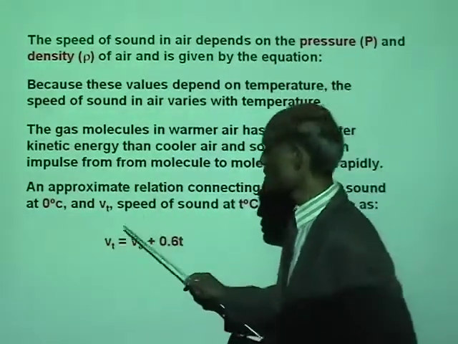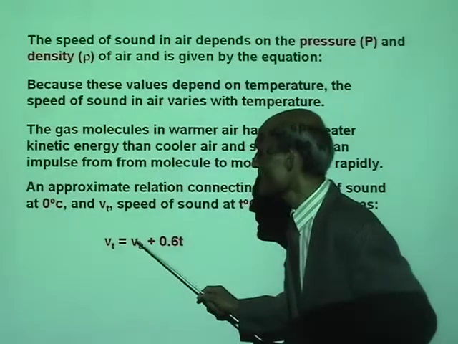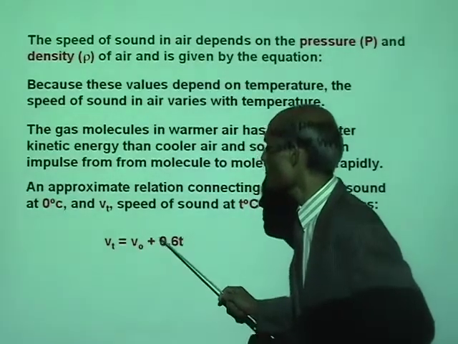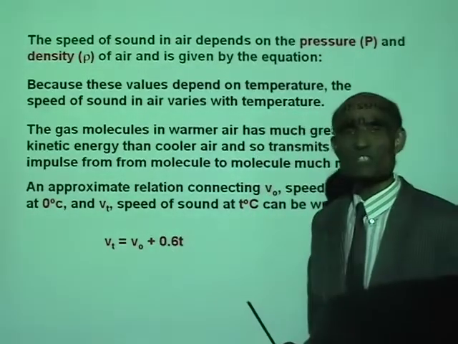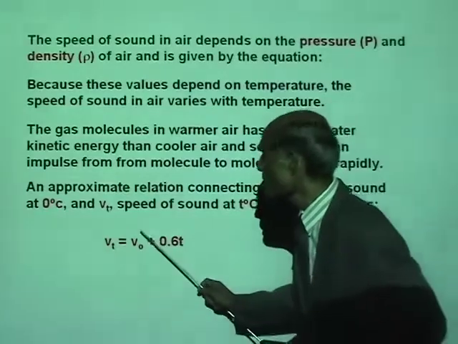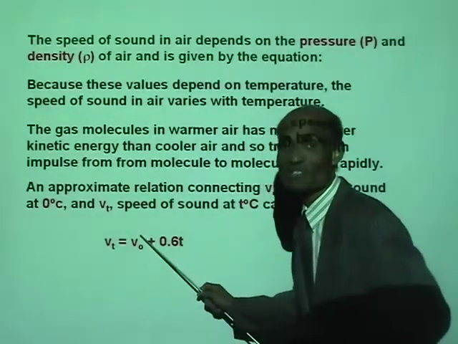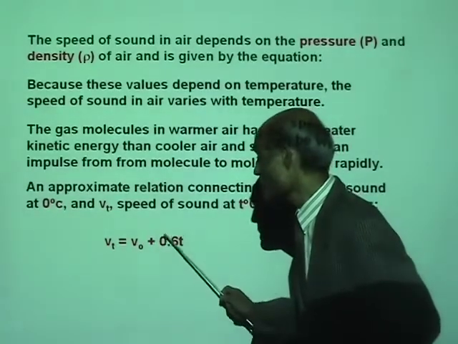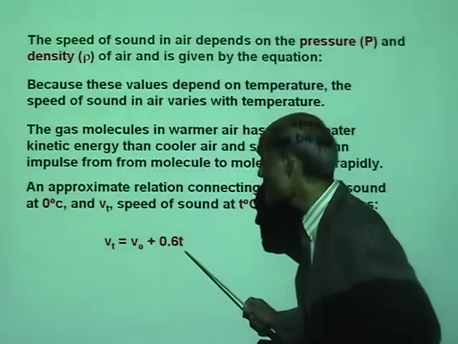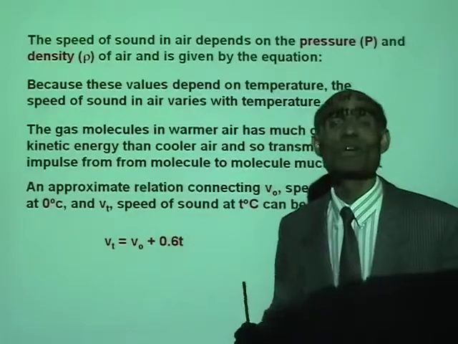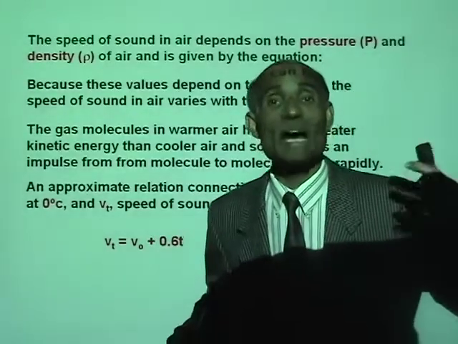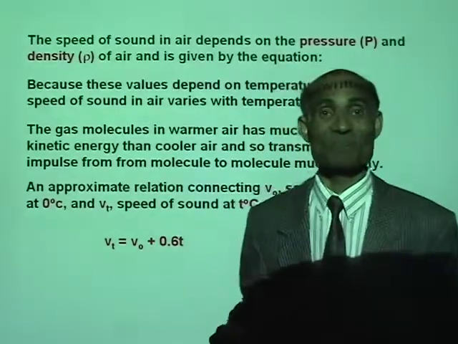Now look at this relation. V sub T equals V0 plus 0.6 T. In other words, if you know the speed of sound at 0 degrees Celsius, add to that 0.6 times the temperature, you will get the speed of sound at a particular temperature.